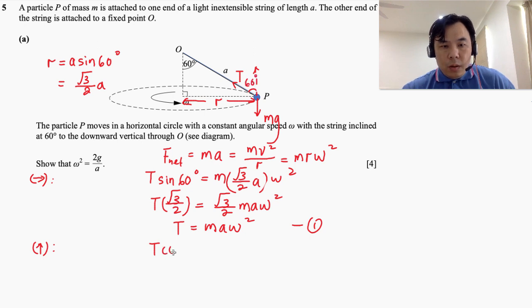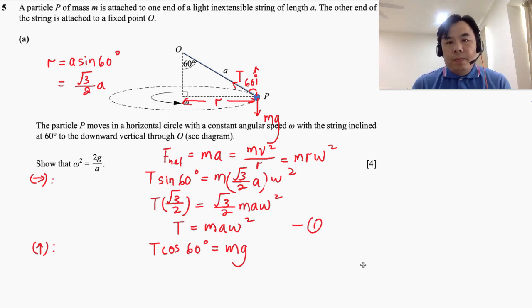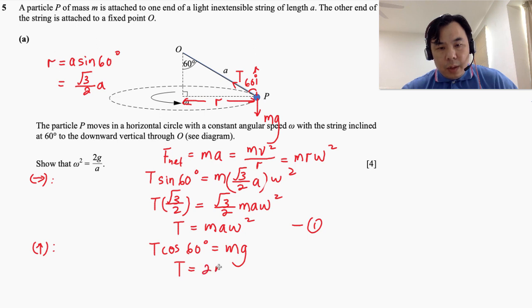So T cos 60 produces the same force as its weight. That's how you maintain horizontal circular motion here. Now we know that cos 60 is a half. Therefore, we have T equals 2mg. That will be our second equation.